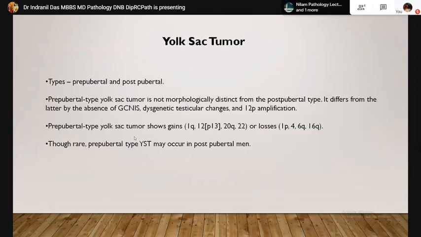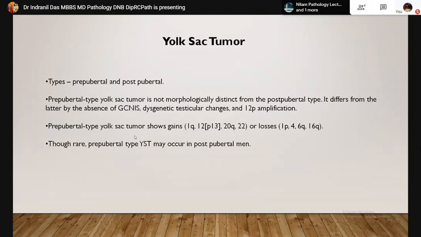Now, yolk sac tumor. This tumor can be broadly classified into two categories, that is prepubertal and postpubertal. Morphologically, these two types are not distinct, but the prepubertal type of teratoma is differentiated from the postpubertal type by the absence of germ cell neoplasia in situ, dysgenetic testicular changes, and chromosome 12p amplification.